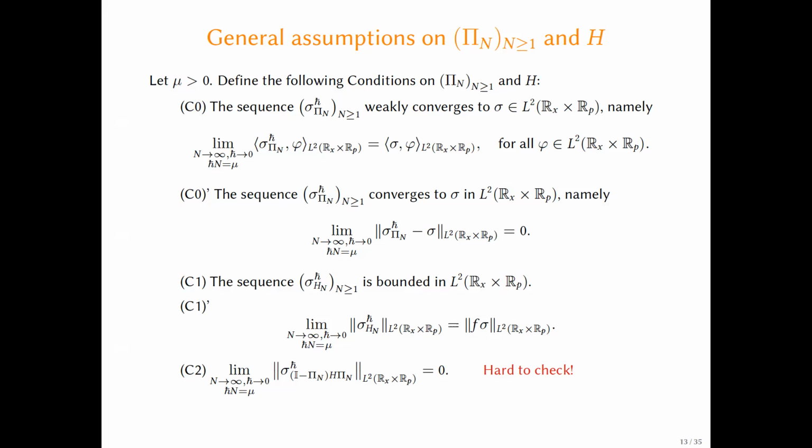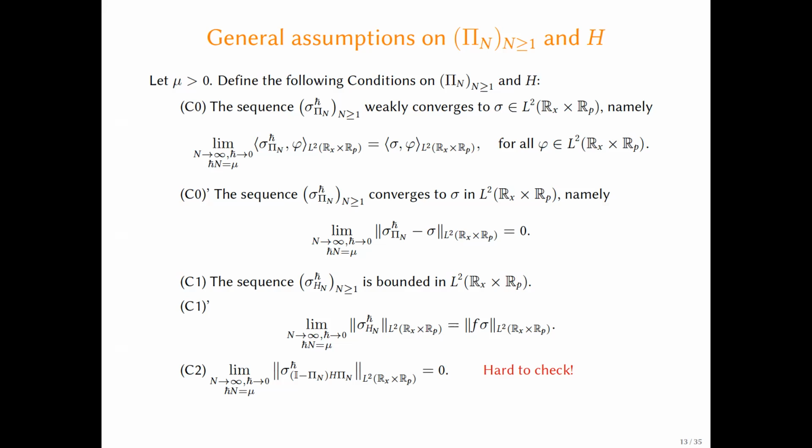A level up of condition C0 is that the sequence converges in L2. It's of course a stronger assumption. Another condition, C1, is that the sequence of the Weyl symbol of the truncated Hamiltonian is bounded in L2. And another level up condition, C1 prime, is that the L2 norm of this Weyl symbol converges exactly to the L2 norm of the limit that we expect, so f times the limit of the sequence.